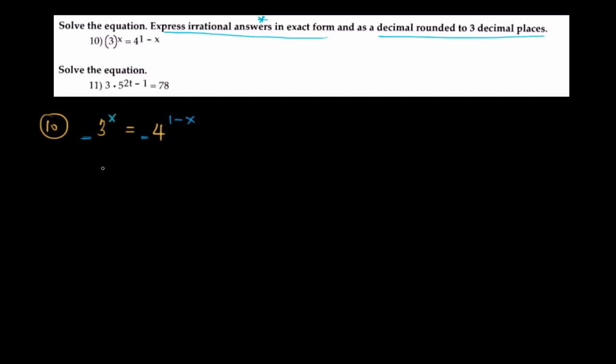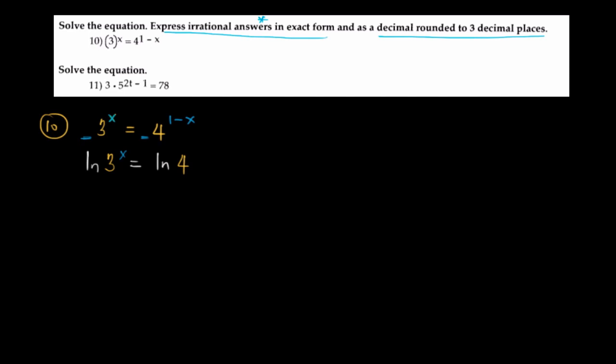So that's going to be the ln of 3 to the power x equals the ln of 4 to the power 1 minus x.